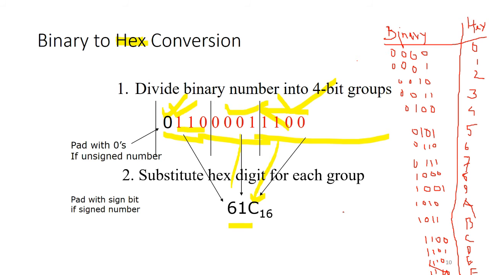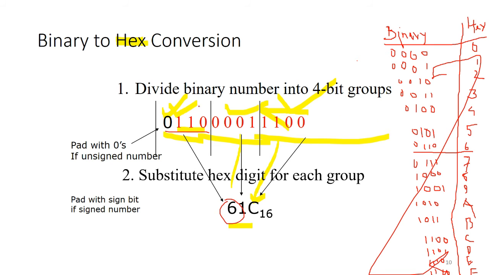Once you are done grouping in groups of 4, you can find the values straight from this table. Anyways, so finally as you can see, 110 corresponds to a value of 6 from the table. That's why we have written 6 here.